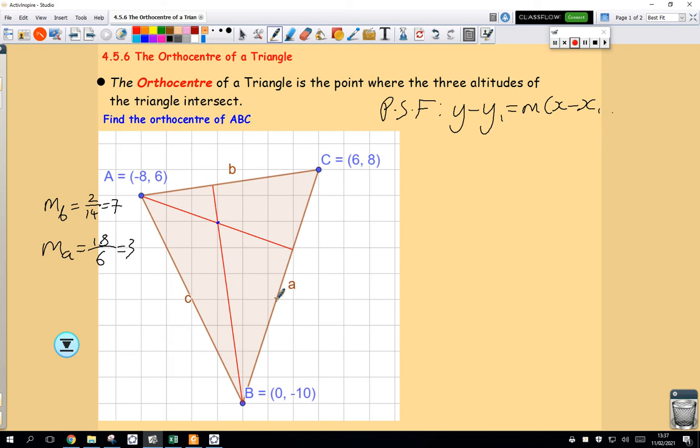Typically we call these altitudes with the letter h, so I'm going to call this h1 and this one h2, and I'm noting that h1 is perpendicular to side little a, and h2 is perpendicular to side little b.